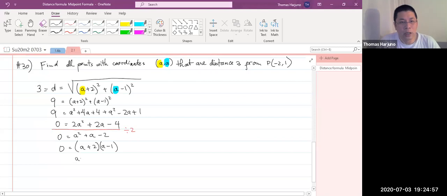So this is a equals -2, a equals 1. So the coordinates are -2, -2, and I'm sorry, 1, 1.